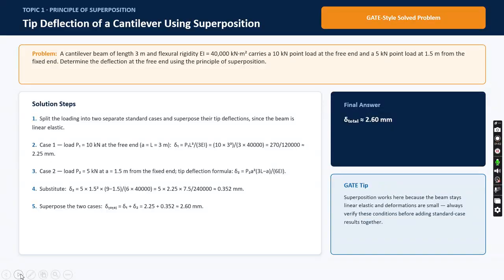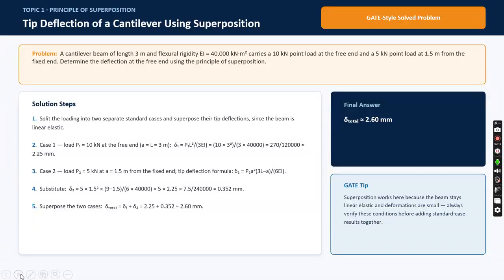A cantilever beam of length 3 meter and flexural rigidity EI equal to 40,000 kilonewton meter square carries a 10 kilonewton point load at the free end and a 5 kilonewton point load at 1.5 meter from the fixed end. Determine the deflection at the free end using the principle of superposition.